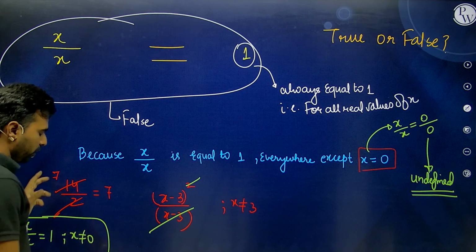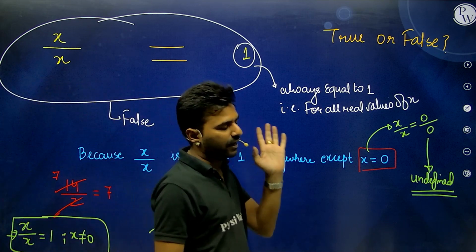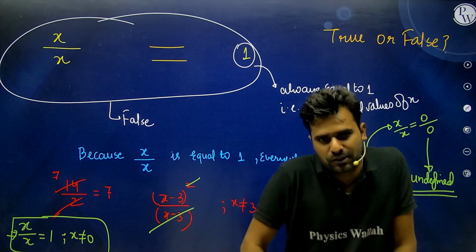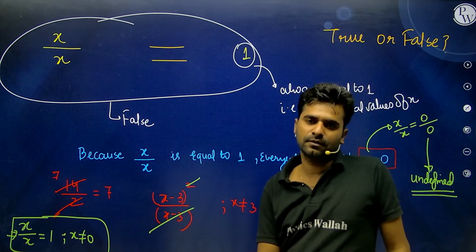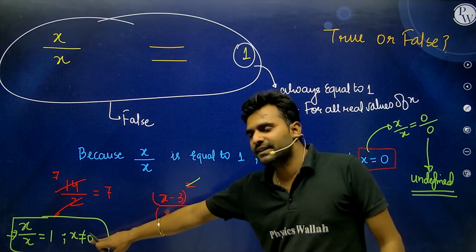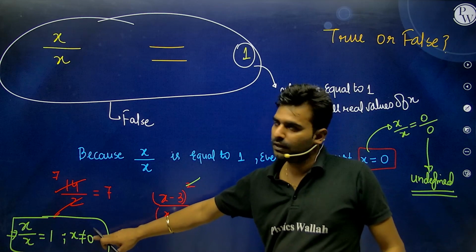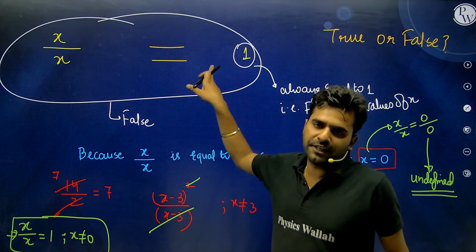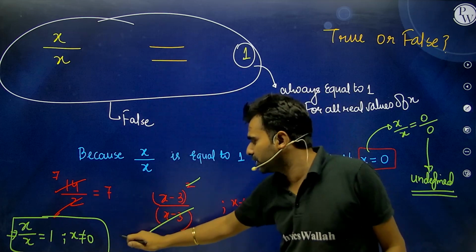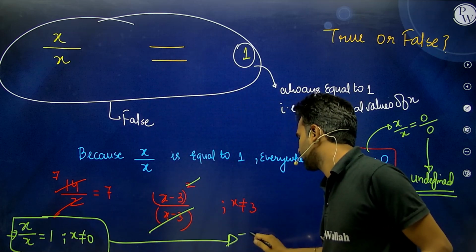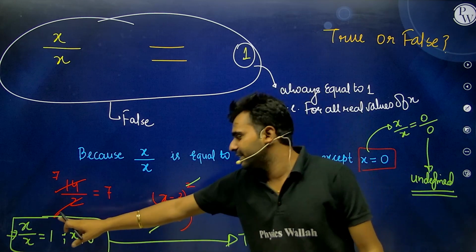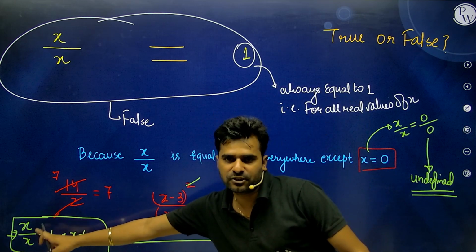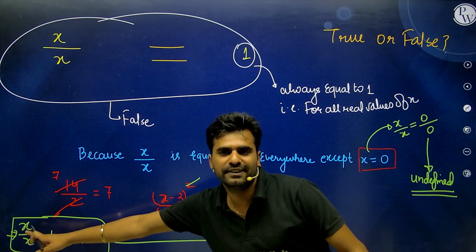X just should not be 0, other than that, everywhere x upon x will be 1. Otherwise this thing should be written that x is not equal to 0. Here x not equal to 0 was not written, that's why this was false. Now this is true. Because if x is 0, then this thing is undefined. x upon x is not equal to 1 in that case.